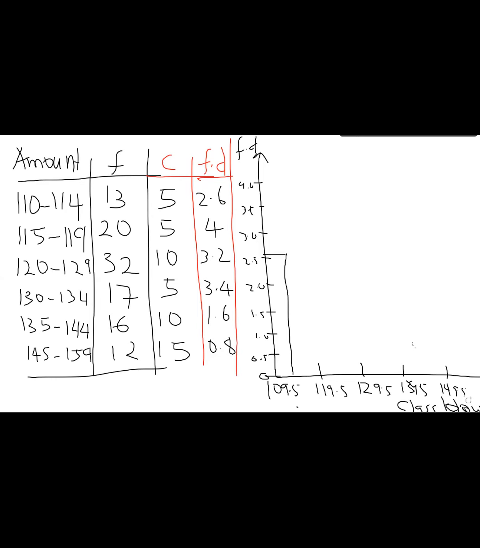So this mark here is 1.4. Then the one for 4, the one coming next, must stop at 119.5. Then 3.2.